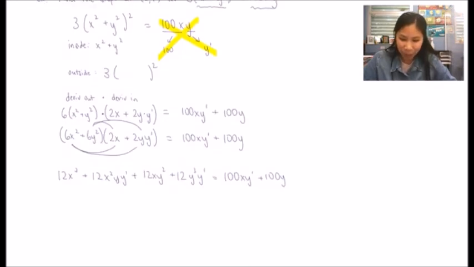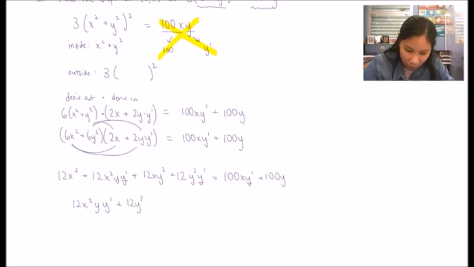Okay. So at this point, I've got everything multiplied out. I can just get all my y primes on one side, everything else on the other. So my y primes are here, here, and here. So that's all the stuff that I want on the left. I just like on the left. You can move it to the right if you want. And then the other stuff I'm going to subtract over to the other side. So I'll end up with 12x squared y prime plus 12y cubed y prime minus the 100x y prime.